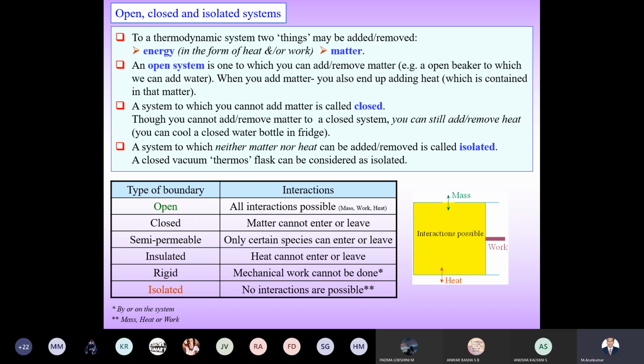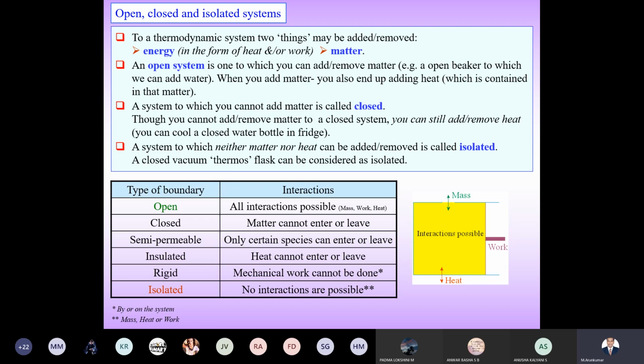The next type is the closed system. We can't add mass in a closed system, but we can transfer energy, which may be heat energy. For example, tea or coffee in a closed container, or a piston cylinder arrangement.